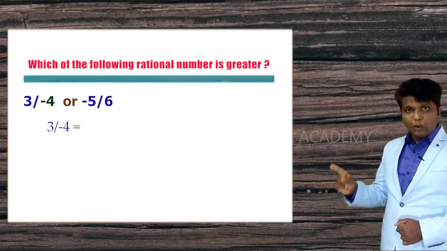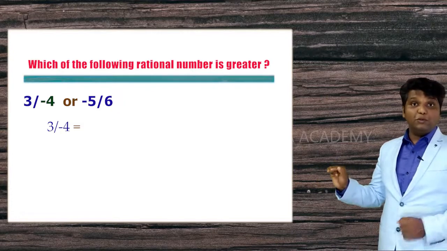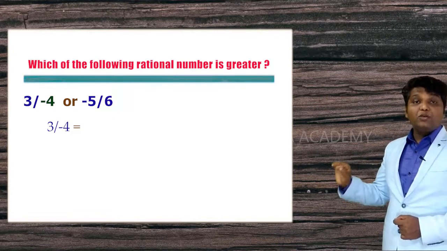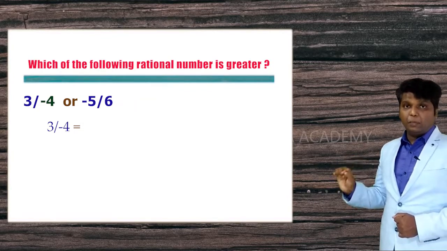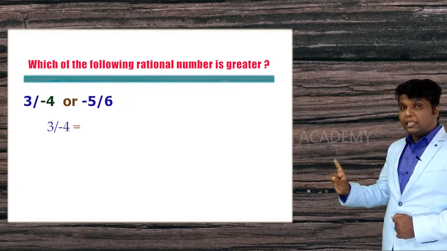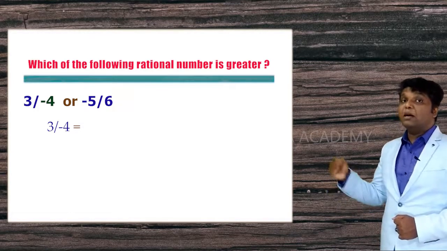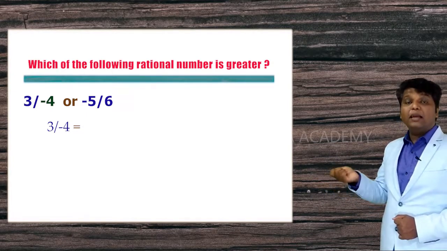So as to make the denominator positive, we have to multiply. Here you can see it's minus 4. If you multiply this minus 4 by minus 1, it will become plus 4, right?